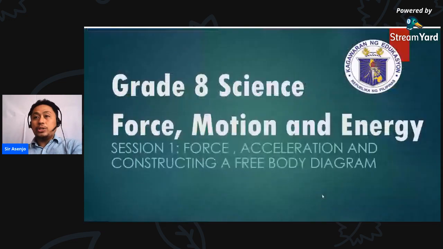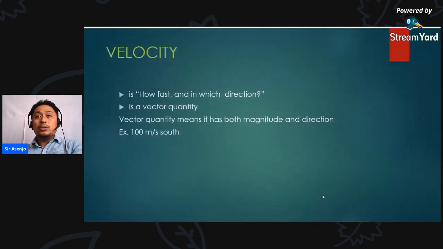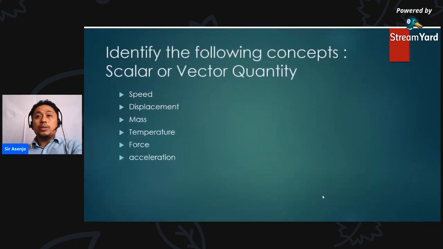These are the terms that you can study to further understand the difference between scalar and vector quantity. You have examples: speed, displacement, mass, temperature, force, and acceleration. That will be your challenge. Research and try to figure out which among these quantities is scalar and which is vector. Okay, so let's move forward.